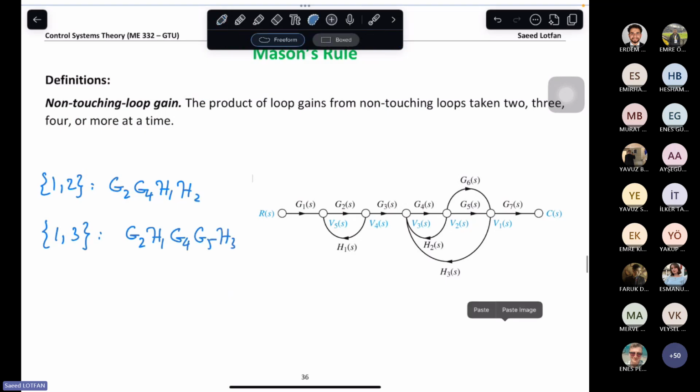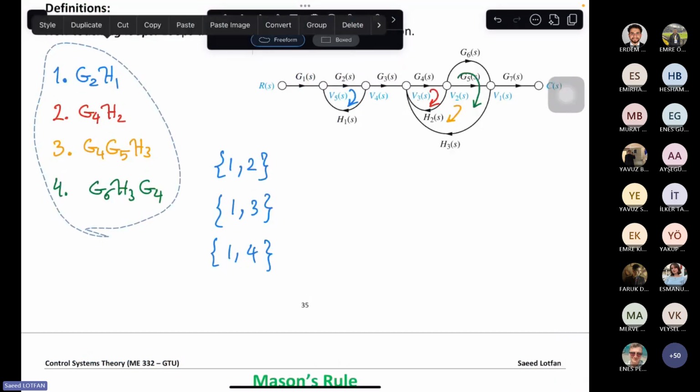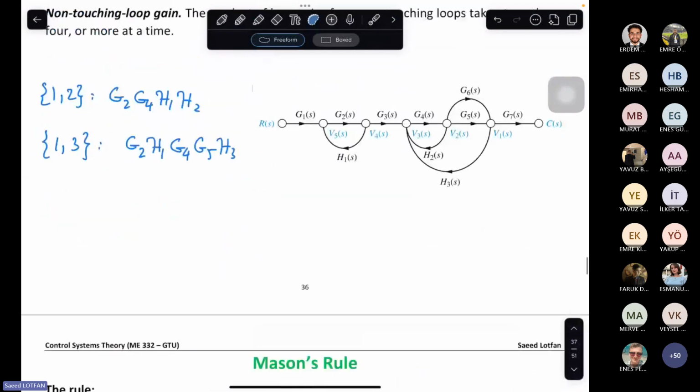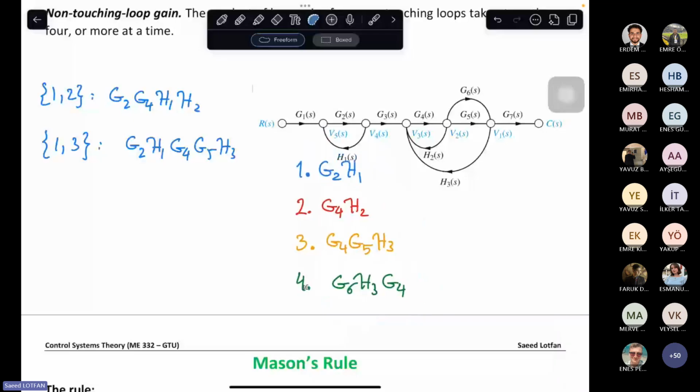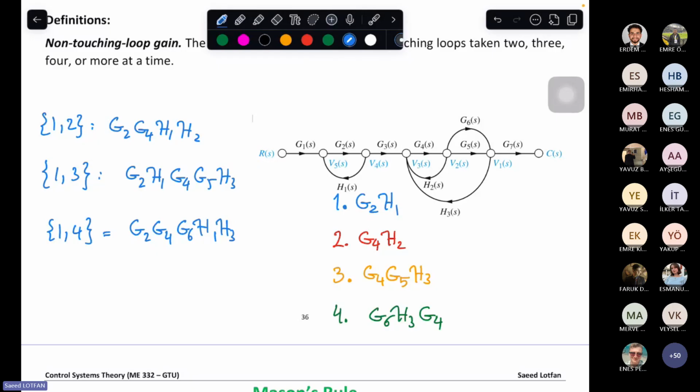So I'm writing them based on this, guys. These are the loop gains. So if I want to write the 1, 4, I will have G2, G4, G6, H1, H3. This is multiplication of these non-touching loop gains.